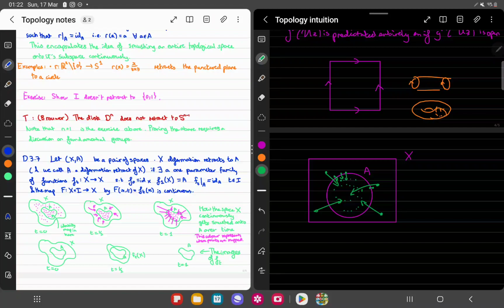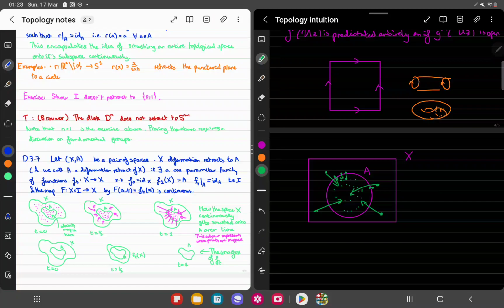Just keep in mind, R is very surjective but not injective. So you don't need the bijective quality that we had before with homeomorphisms and continuous inverses. All you need is a continuous map that takes a topological space to its subspace, whilst keeping everything as the identity on the subspace.